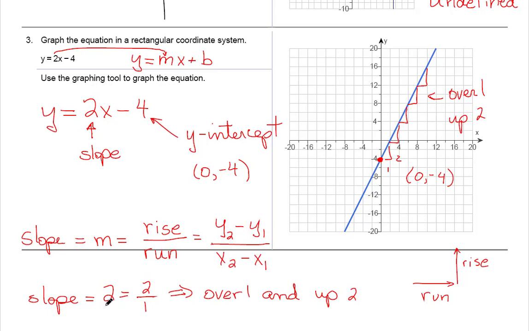In our case, the slope is 2. That's 2 over 1. So the x is the bottom. That's over 1 and up 2. And so if you look at this, I go over 1, up 2. That's another point. Over 1, up 2. And you can pick however many points you would need to be on the line. To graph the line, though, you only need 2 points.